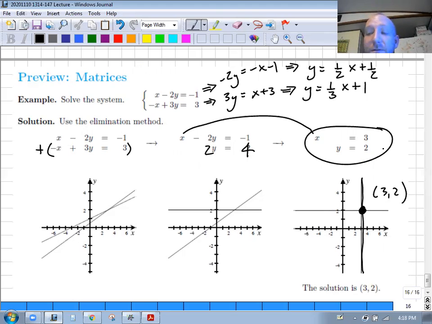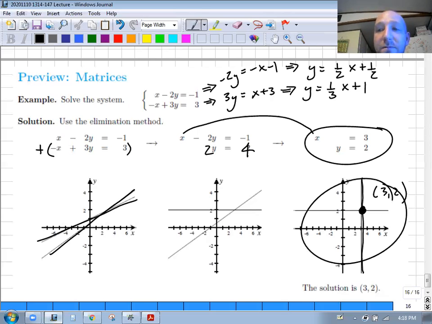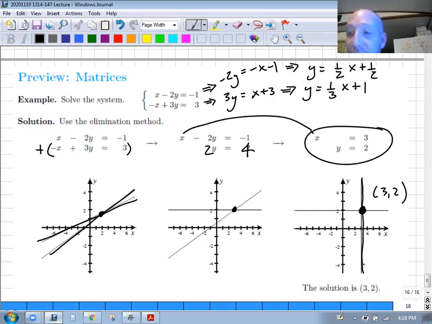Those two lines. So in our elimination method, what we're doing is taking this and converting it to this, right? They intersect at the same location. It's just a lot easier to find the intersection of a vertical and a horizontal line than two diagonal lines.